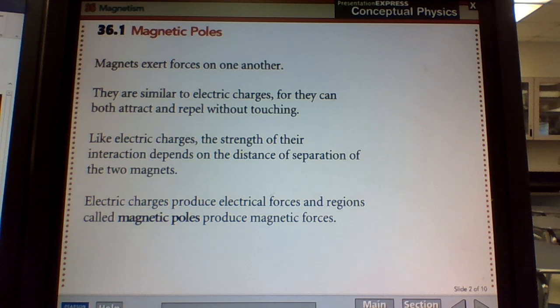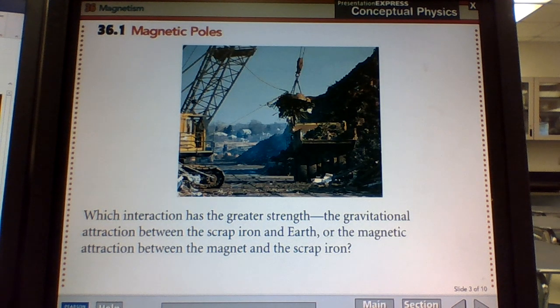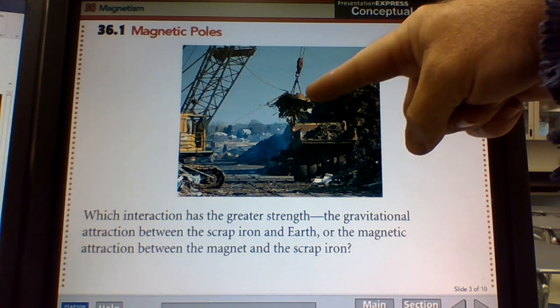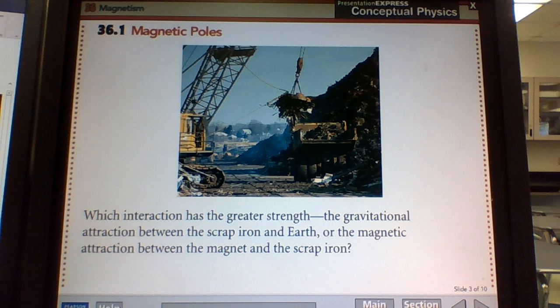And so in this picture here, we've got a big electromagnet right here on this junk scrapyard device that's used to pick up lots and lots of recyclable materials like iron, throw it into this dumpster, and then they go melt it down and so on.